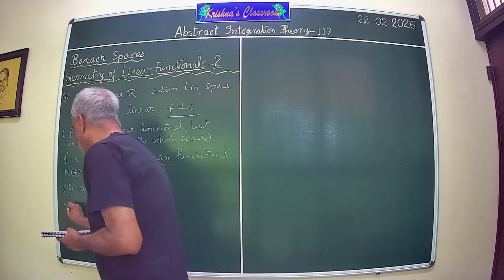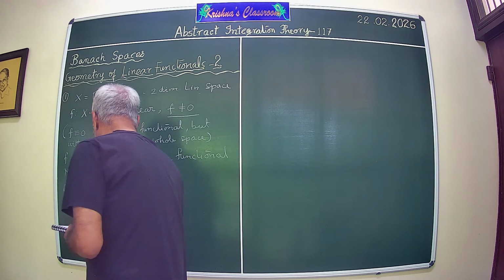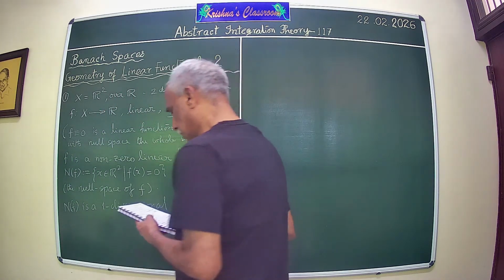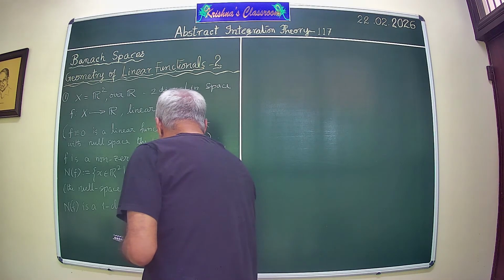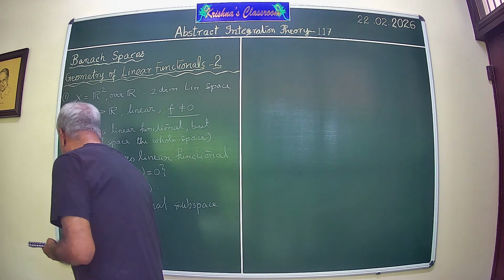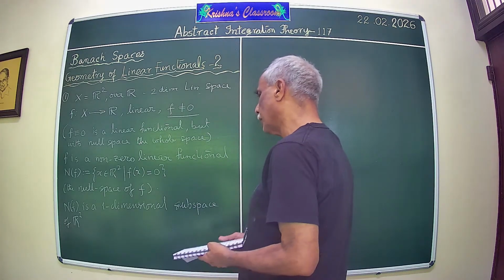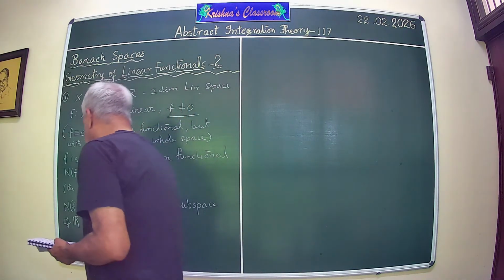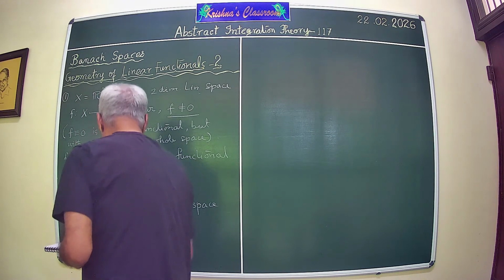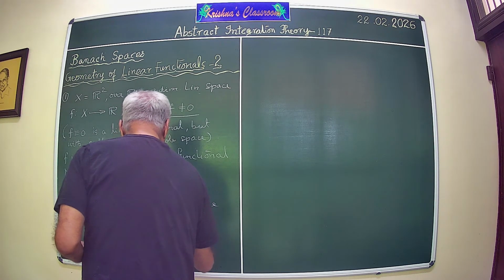N_f is a one-dimensional subspace of X. And in fact, you know what the one-dimensional subspaces are: lines in R2 passing through the origin.